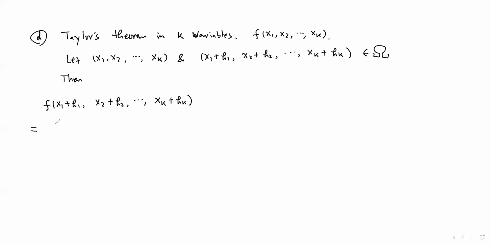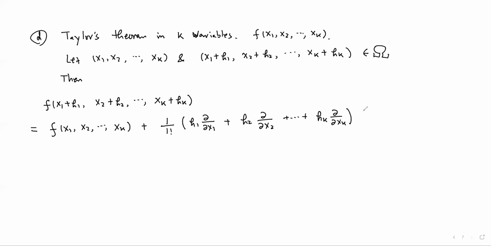We can expand this into f of (x1, x2, ..., xk) plus the second term, 1 over 1 factorial (h1 partial derivative with respect to x1 plus h2 partial derivative with respect to x2 plus ... plus hk partial derivative with respect to xk) f at x1, x2, ..., xk.